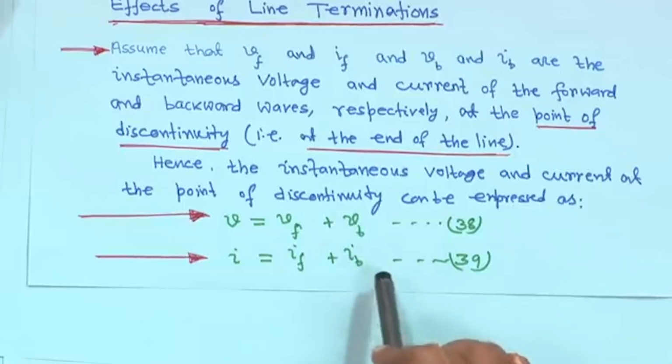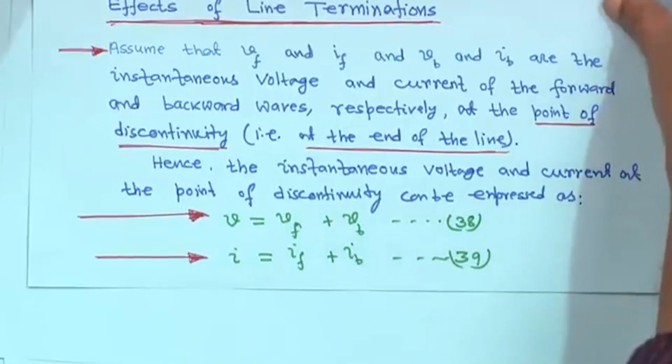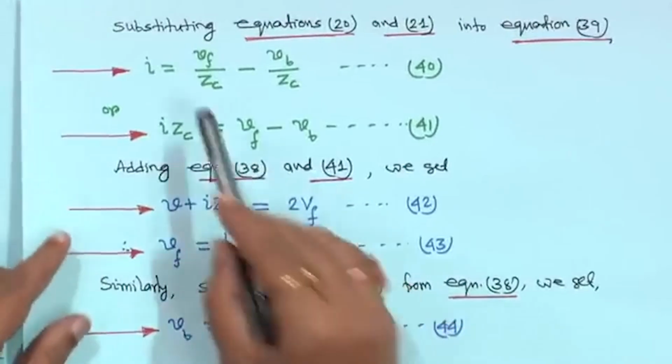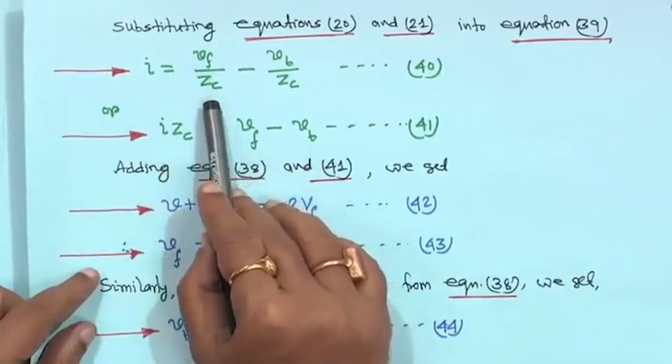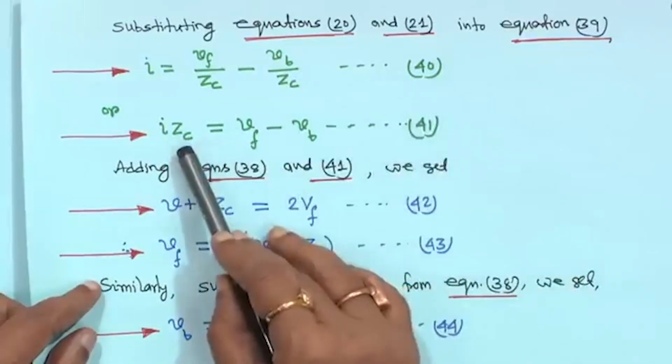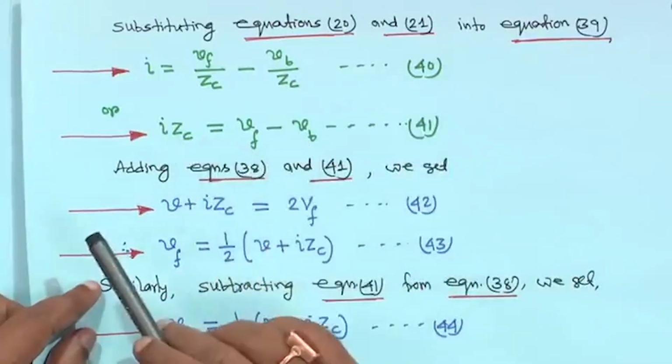I am not showing equations 20 and 21 again, it is understandable. If you do so, you will get I equal to Vf upon Zc minus Vb upon Zc. This is equation 40. That means I into Zc is equal to Vf minus Vb.